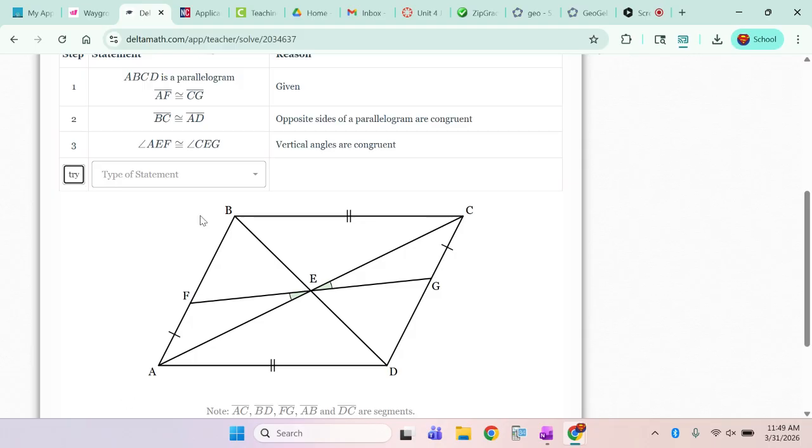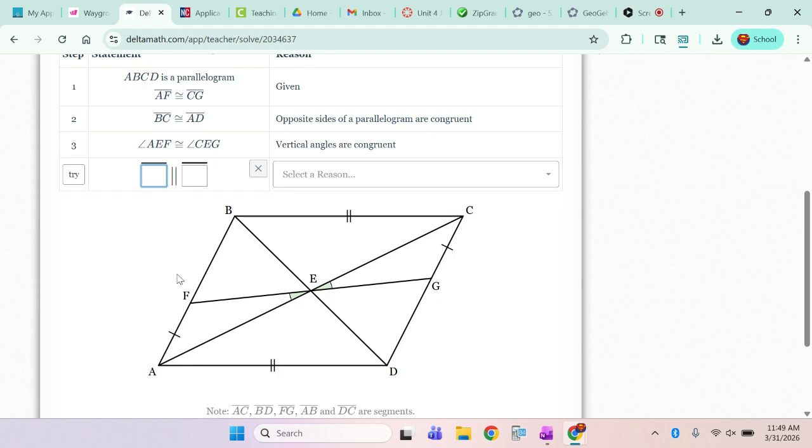Because what do we know about parallelograms? What's parallel? Not just two, but two sets of opposite sides are parallel. So can't we state that the opposite sides are parallel? Yeah.